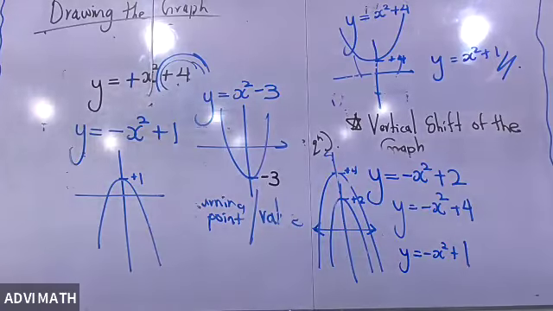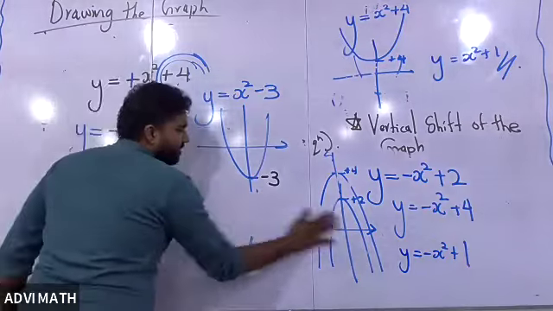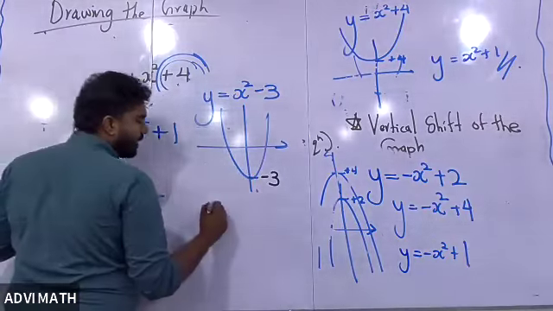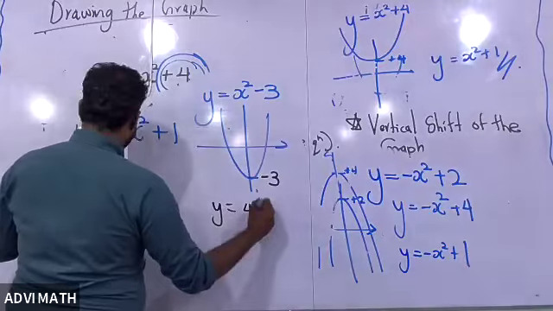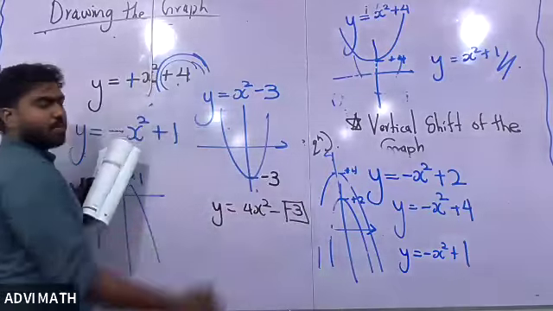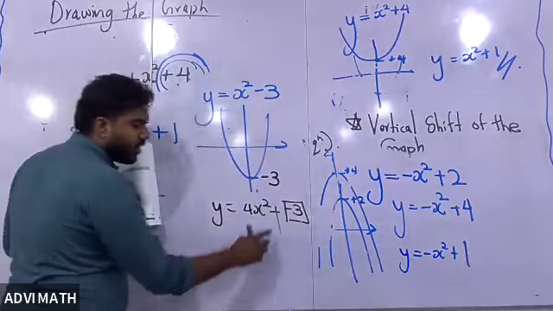Hurry. Look, the value here will come. y equals 4x squared minus box. Here you put minus 3. Minus into minus becomes plus here, and then this graph is something else.